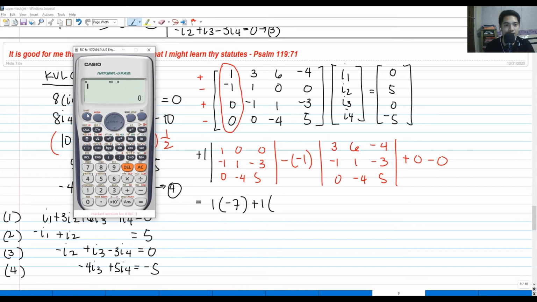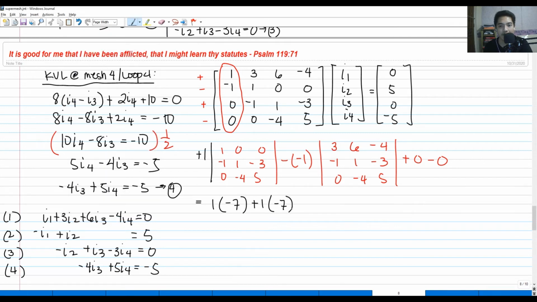So AC, shift matrix, determinant, shift matrix of A, matrix A, 3. Voila, we have a value of negative 7. So this would be negative 7 minus 7. This would be negative 14. This would be the value of our delta.